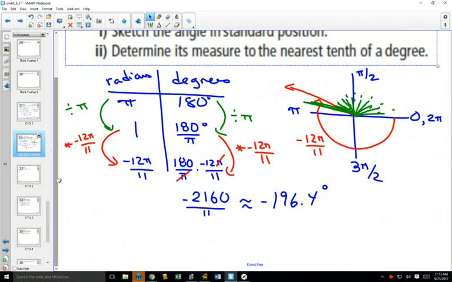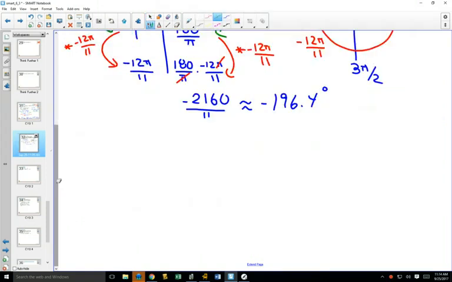So that can be one way that you can remember that 1 radian is 180 over pi, and then you can just multiply. You know, if I want to find negative 12 pi over 11, I can just take negative 12 pi over 11 and multiply it by 180 over pi. So that's what some people use to solve these degrees to radians directly. Okay?